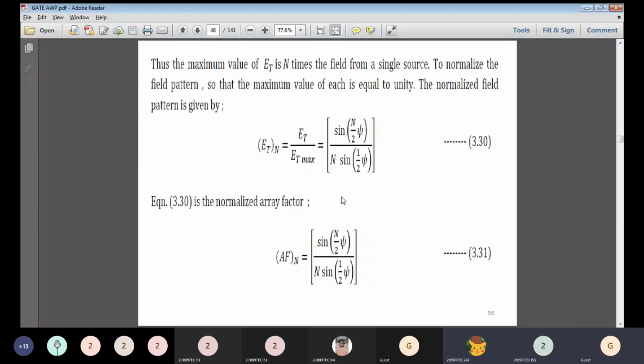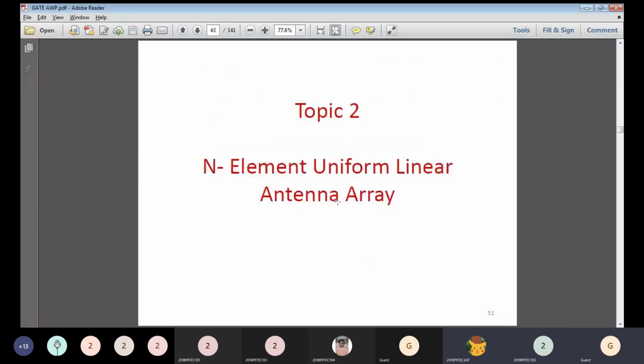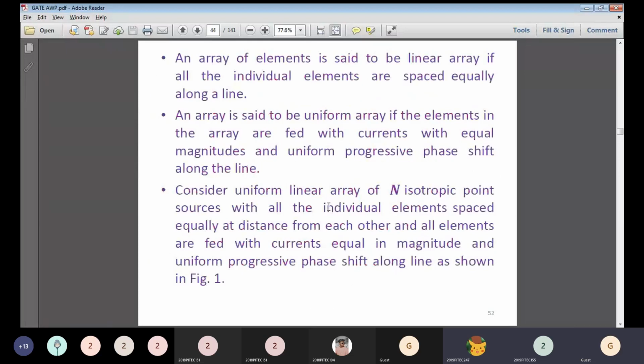First we'll see what this concept is, and then go to the topic. An array of elements is said to be a linear array if all the individual antennas are spaced equally along a line. An array is said to be a uniform array if the elements are fed with equal magnitudes and uniform progressive phase shift along the line.